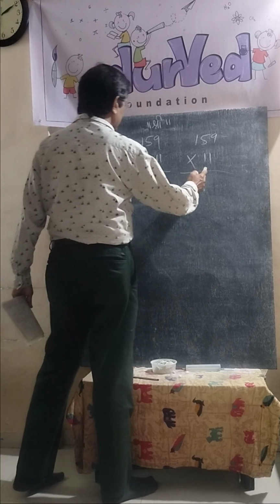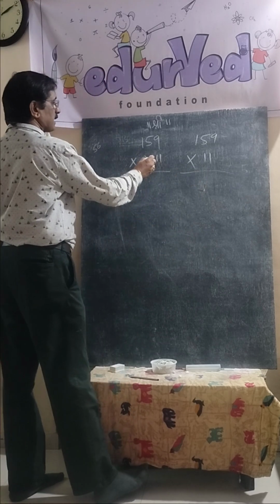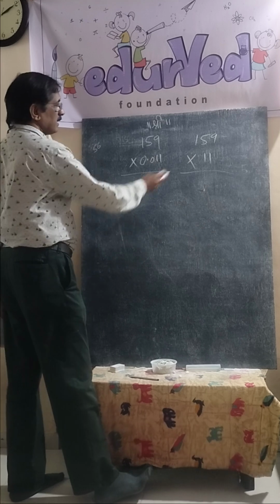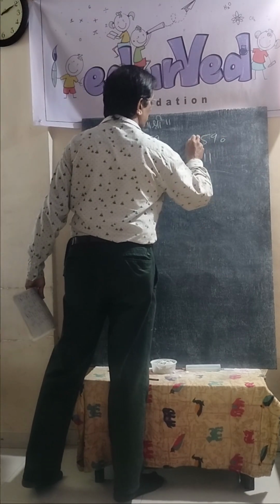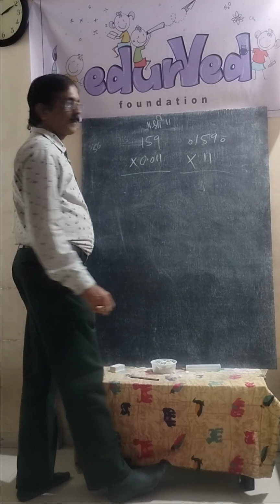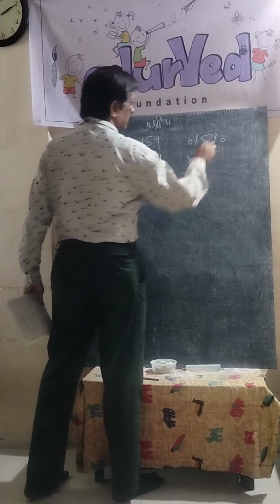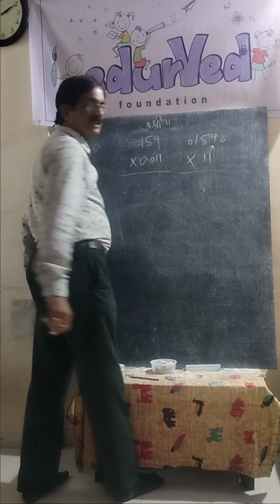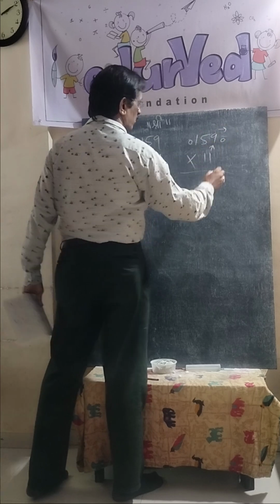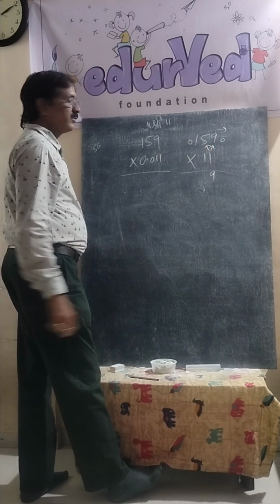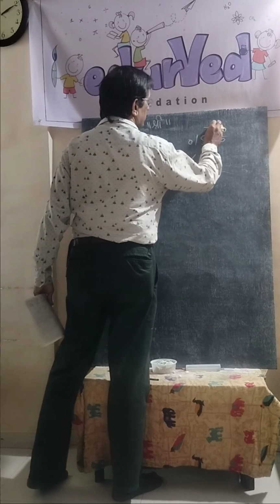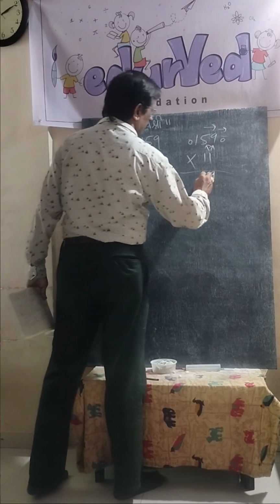It falls in that category when you forget the decimal sign. Let's see by doing this method. What you have to do? You add a 0 over here. Next step is you multiply by this number. 1 into 9 plus this 0 will be 9. So 1 into 5 will be 5. 5 plus this 9, 14.